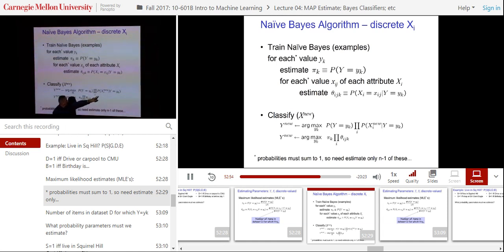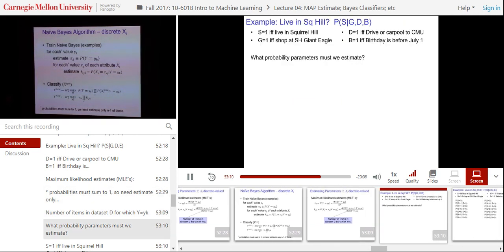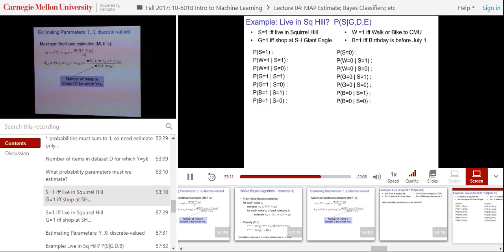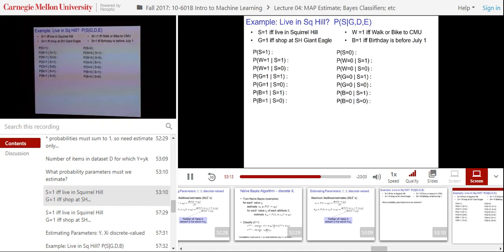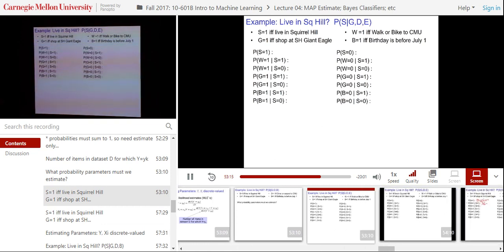And so under the assumption yes, we look at their properties, like do they carpool to CMU and so forth, multiply those together, multiply by the prior, and see whether it turns out higher under the assumption that y equals 0 or 1. Okay, so back to this. Therefore, we need to know what's the prior that s equals 1. That's the variable we're trying to predict, right?